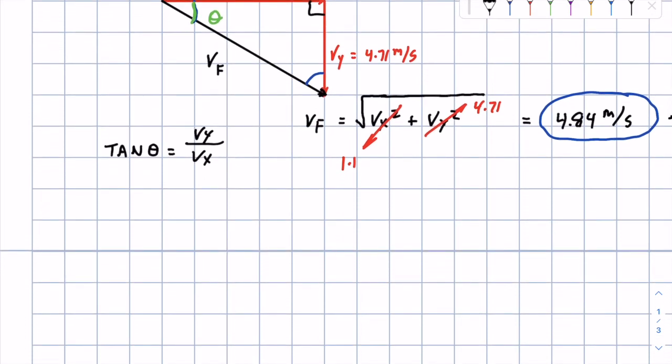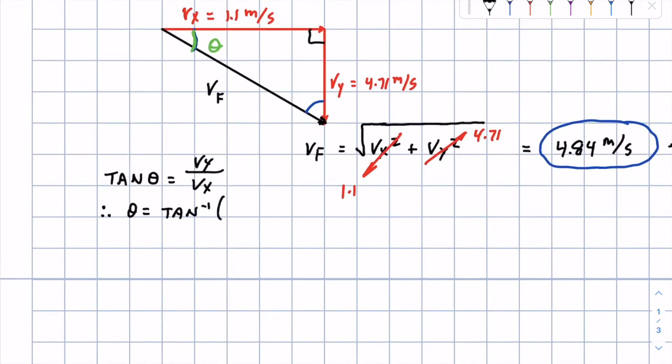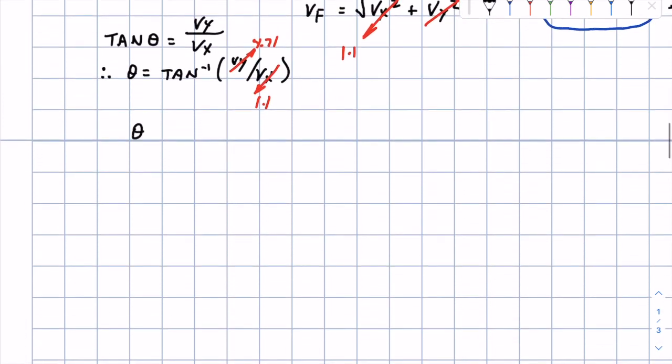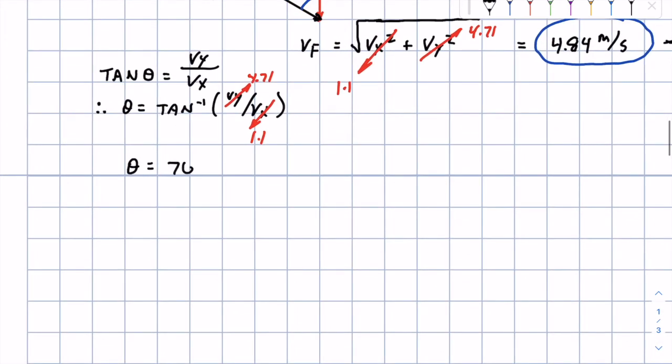So using the inverse tangent, we know that theta is equal to the inverse tangent of Vy over Vx. And plugging in for Vy 4.71 and for Vx 1.1, we get theta is equal to 76.9 degrees.